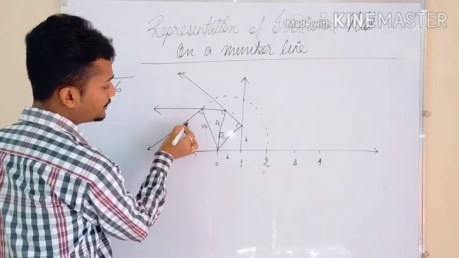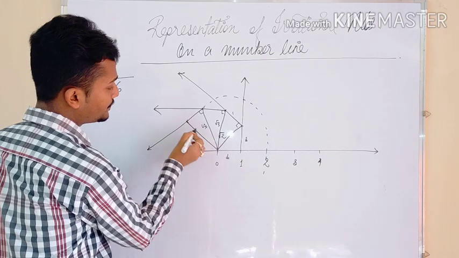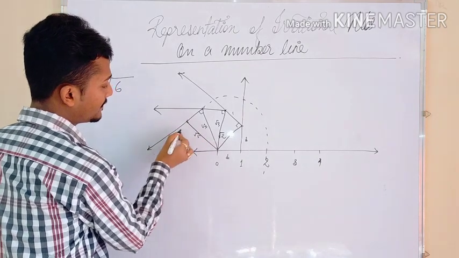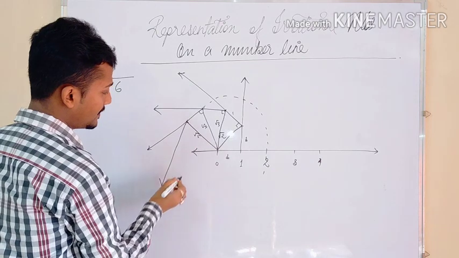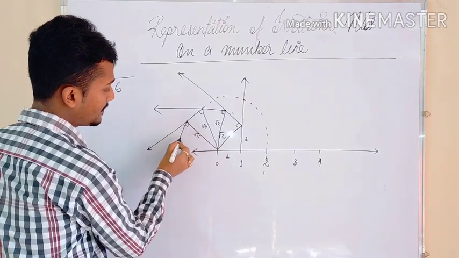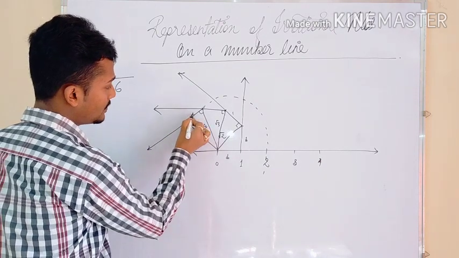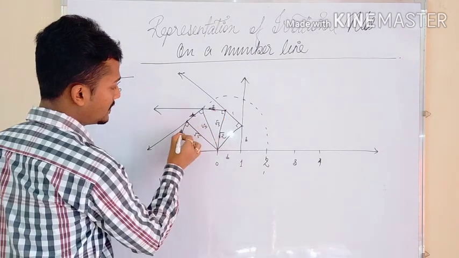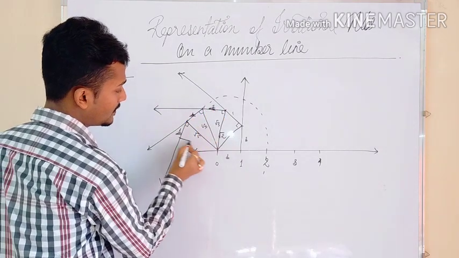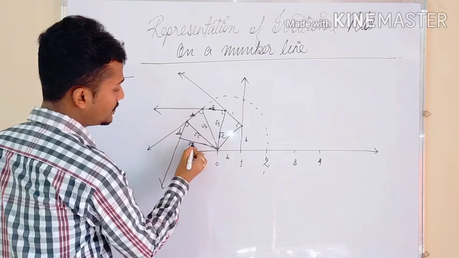Now again 90 degrees, 1 unit, root 5. Again 90 degrees, 1 unit. This is 1 unit, this is also 1 unit, this is also 1 unit. This is root 6.